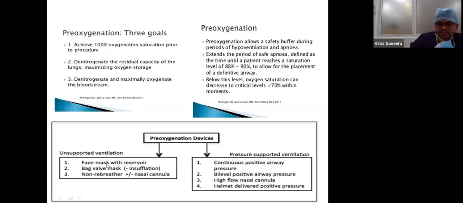Unsupported ventilation includes a simple face mask with reservoir, bag mask ventilation, non-rebreathing mask, or nasal cannulas. With pressure support ventilation, we can also give pre-oxygenation, like continuous positive airway pressure, or BiPAP, bilevel positive airway pressure, or high flow nasal cannula, or helmet delivery positive pressure devices.